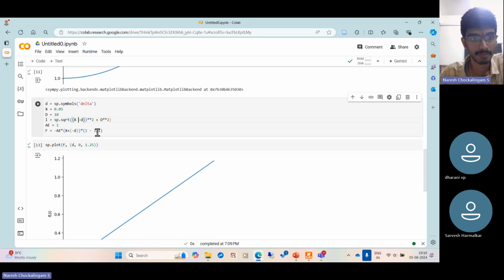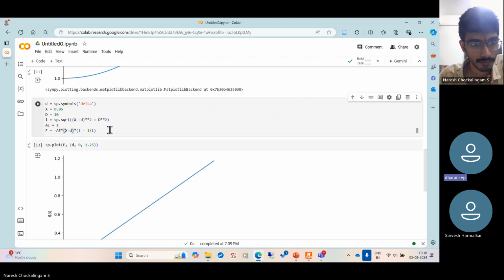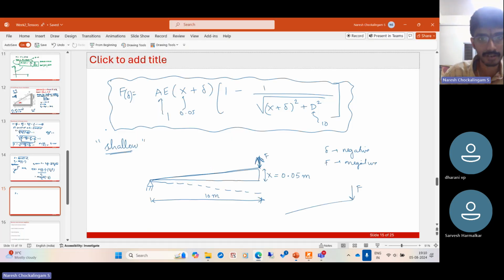Let us say x minus d whole square plus. So the equation of F divided by L term is also there, no sir? Right, that's the problem. Yeah, thank you. Yeah, that's a good catch.